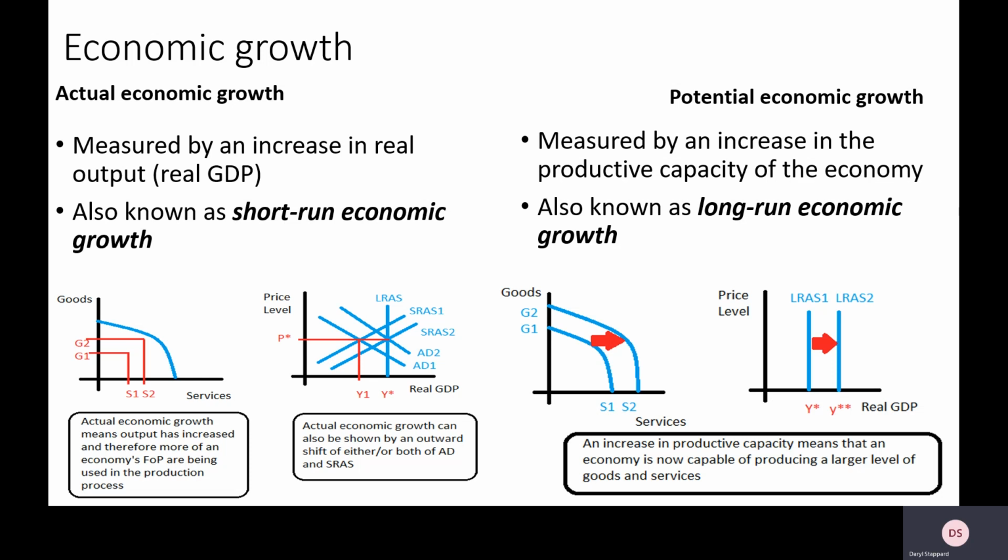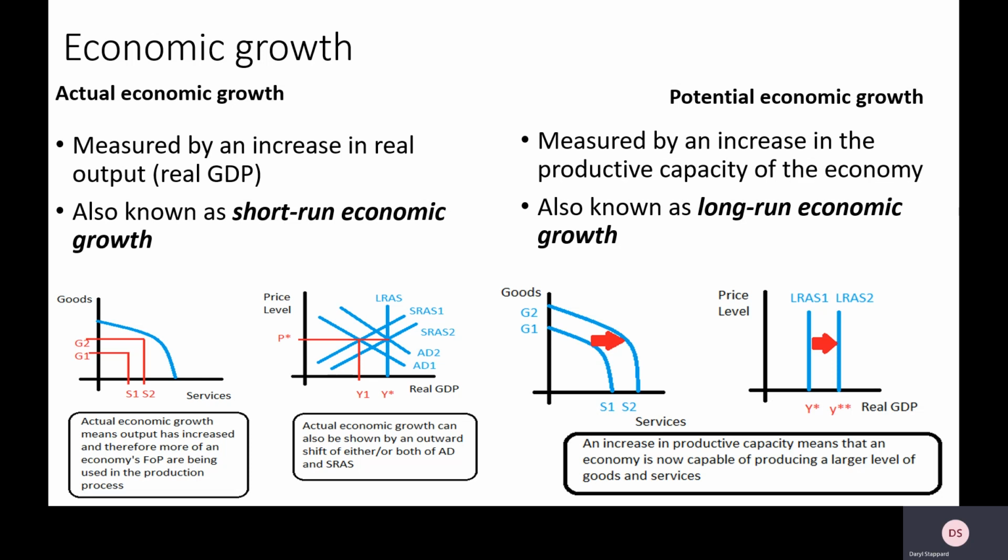Potential economic growth is measured by an increase of the productive capacity of the economy. So that means that the LRAS will be moving outwards. This is also known as long-run economic growth, with the logic being that if you're going to increase your productive capacity, this is normally not something that you can do overnight.